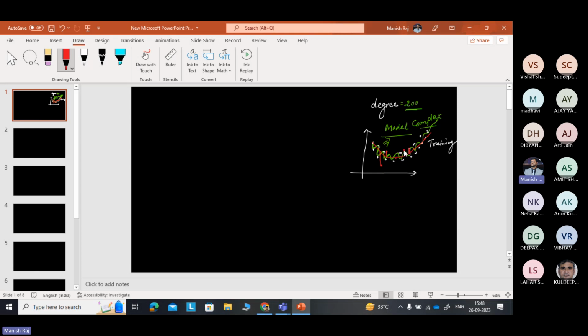If you see, this point is here and this point is here, that is the error. For the higher degree, when the model is taking every data point, the error will be more. Even though I'm unable to draw this, every time when the training data is involved, every data is involved in the system to create a model.